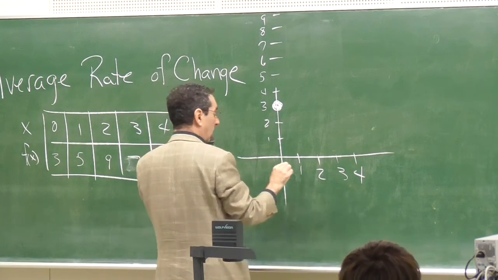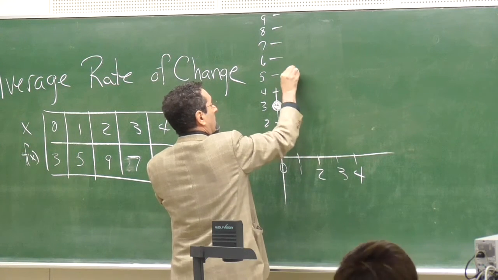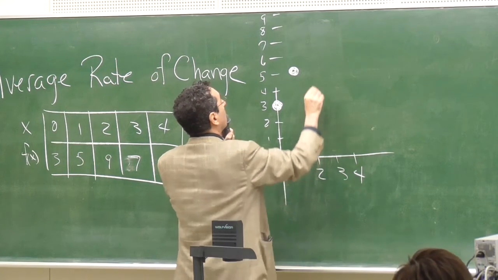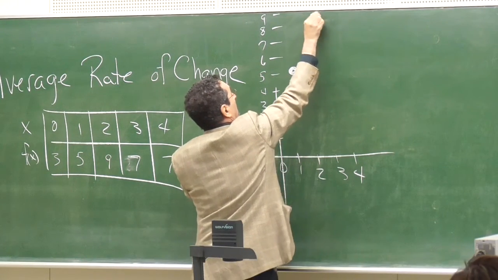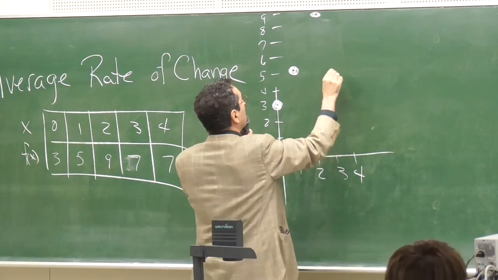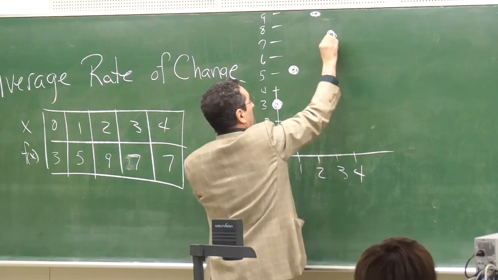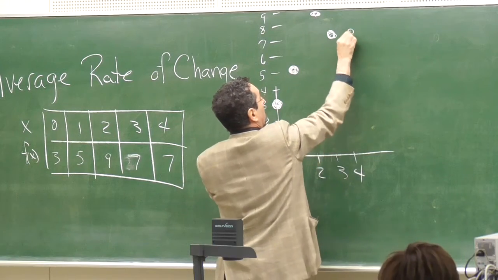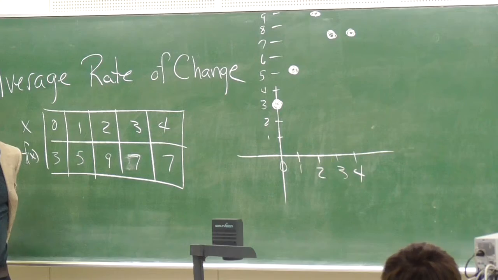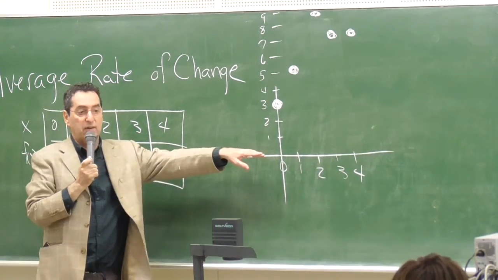And we have 1, 5, like that. And we have 2, 9. And we have 3, 7. And we have 4, 7 like that. Okay? So this is a table. This is a picture of the table.